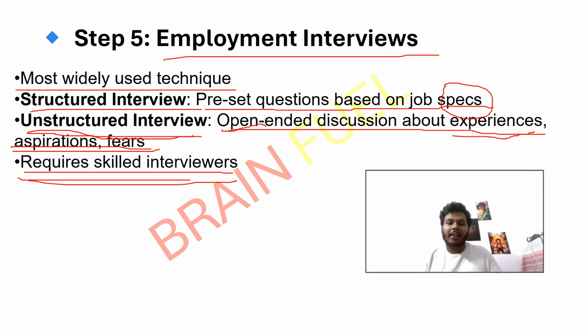Even if you ask an open-ended question and the candidate is not able to answer all the questions perfectly, but communicates in a good manner, like even if he's wrong, he states it fluently without a break, the communication skills required will be fulfilled. So this requires a lot of skill from the interviewers too. The person who is doing the interview is also important in this step.